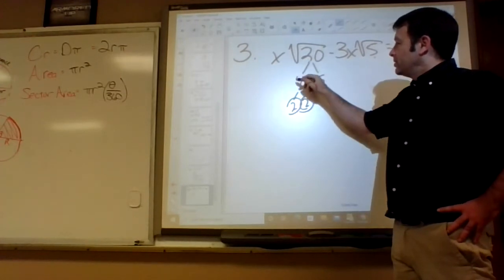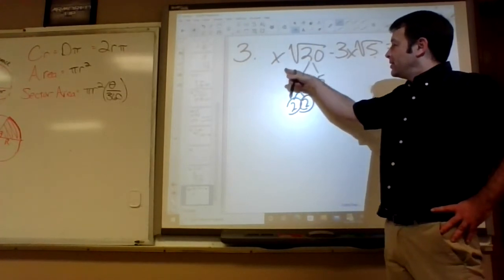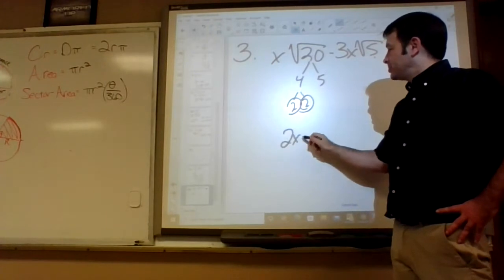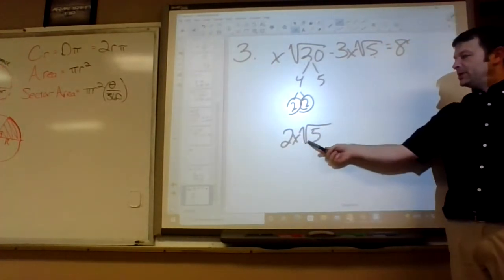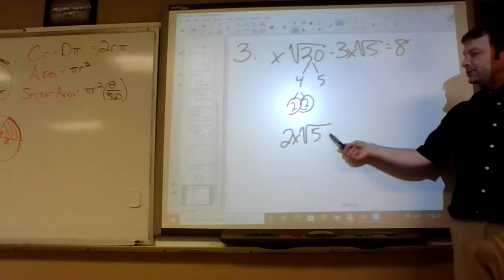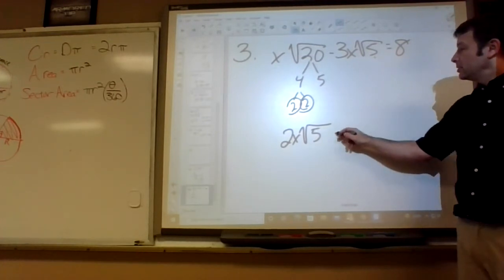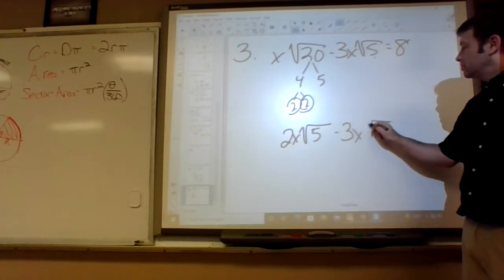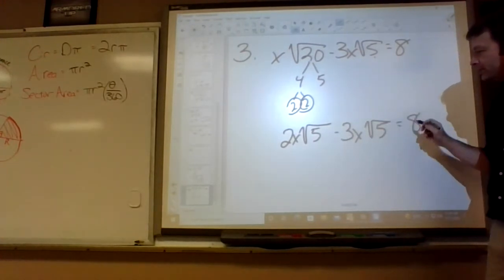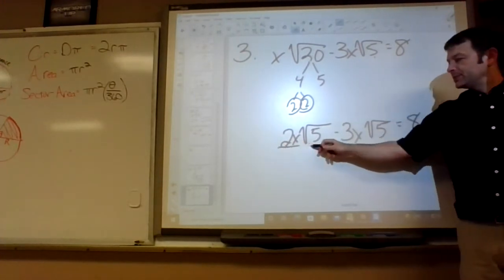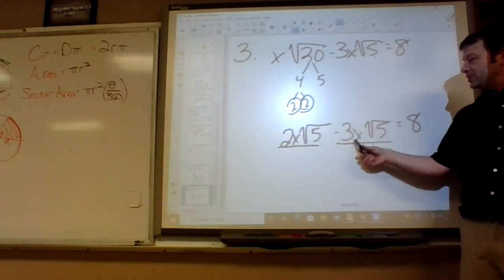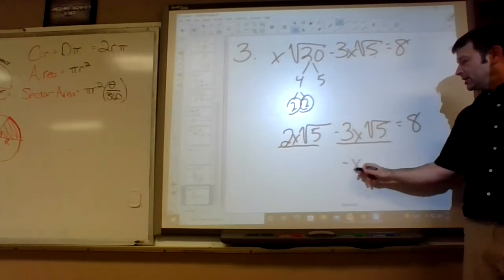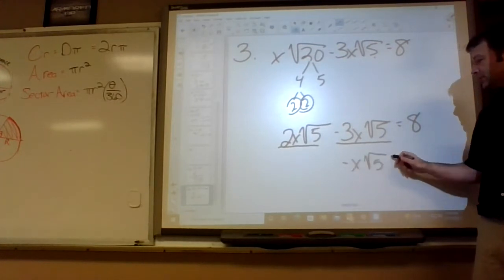So we got the x, and we usually just put it between the number and the square root. You don't want to put the x at the end because then it looks like it's under the square root. Okay, can we simplify anything else? Are these like terms? Yes. So we have 2 of these minus 3 of those, which is negative 1 of those.